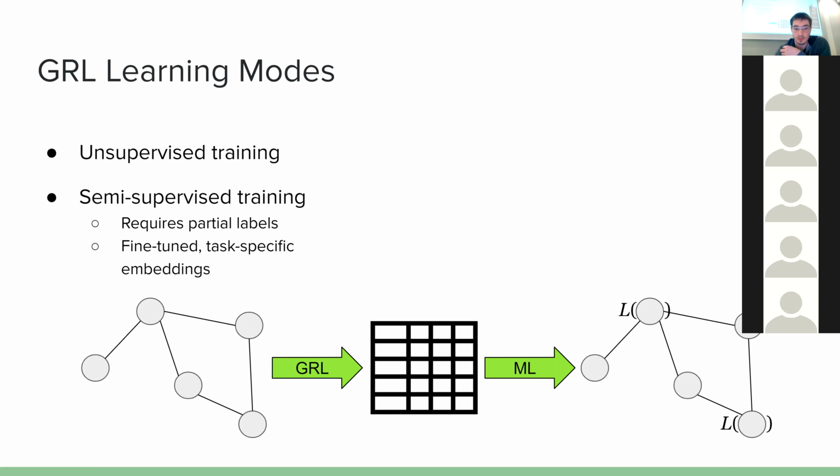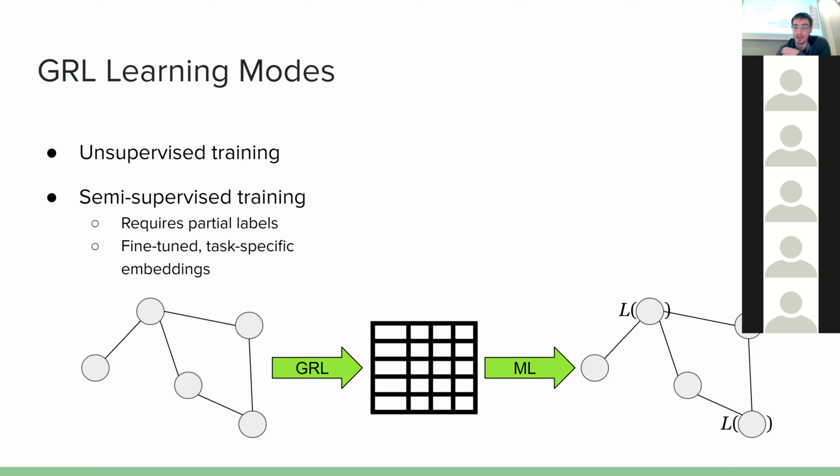Yes. So basically, unsupervised only uses the input graph, while semi-supervised and supervised training require you to have some specific downstream task, and you must have some a priori knowledge about this.